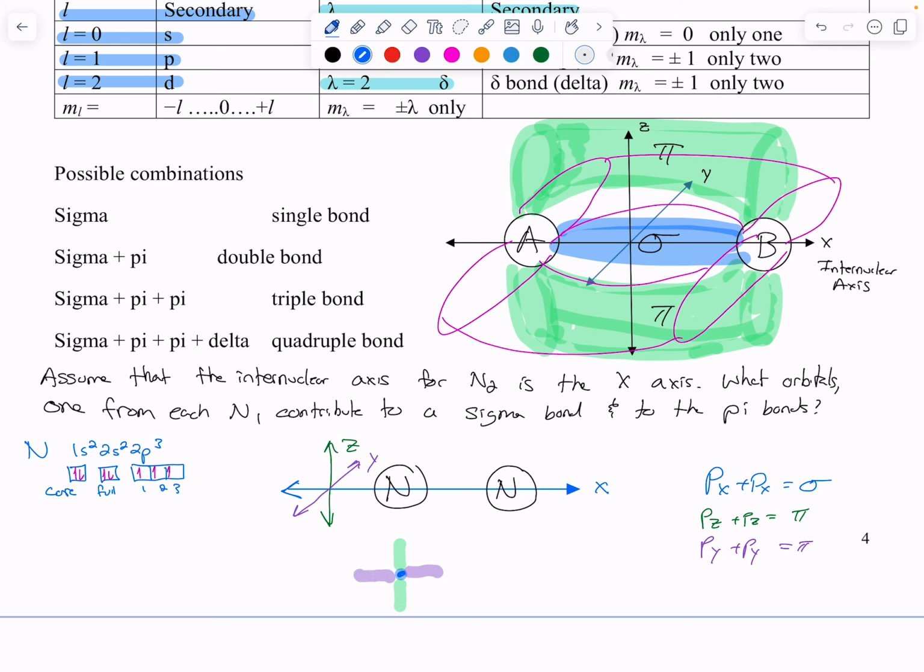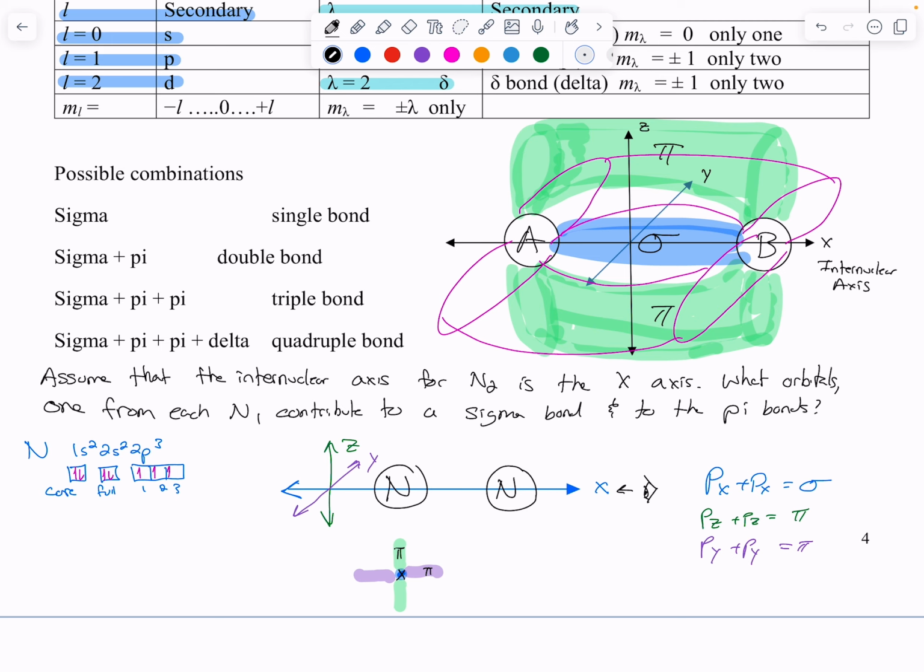So that is me putting your eyeball down the axis here, right? So if we're looking down the x, and that's x, we would see pi here and pi here, right? Those are pi bonds. We would not really see the sigma bond.